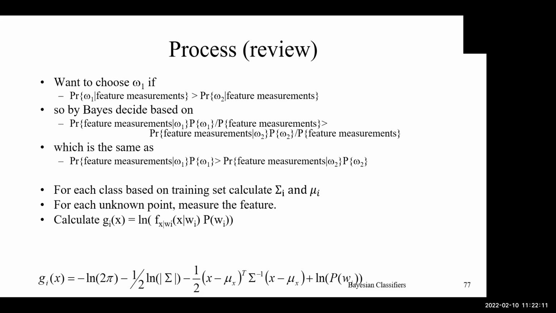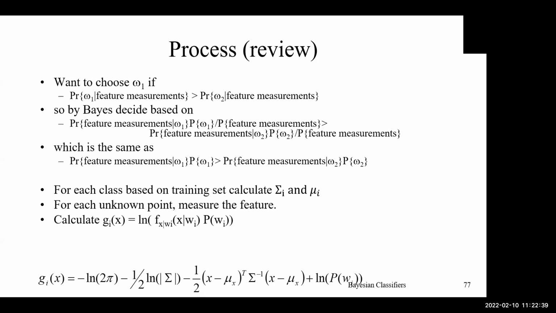Then for each unknown point, you're going to measure the feature. That's your row in your eval 1, eval 2. And you're going to calculate your discriminant function with that x value corresponding to the feature in your eval set. Do some writing, please.